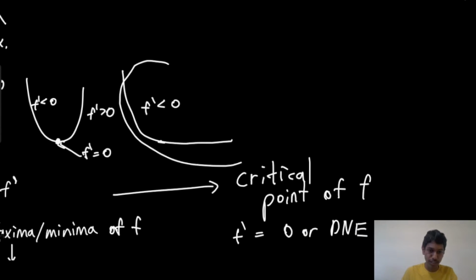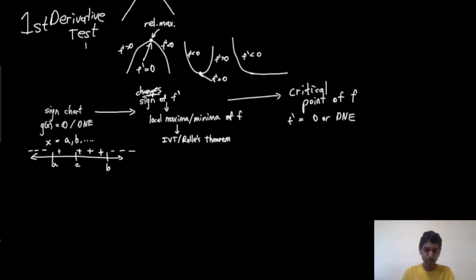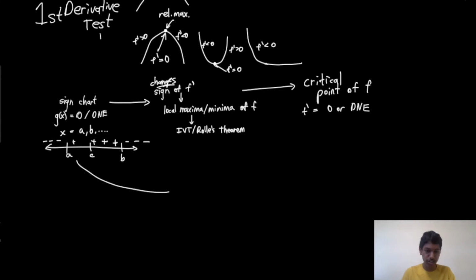For example, right here, there are no critical points on this interval that I've drawn, so there will be no relative extrema there. And this critical point idea, we will use the idea of a sign chart to properly use the idea of critical points, right?